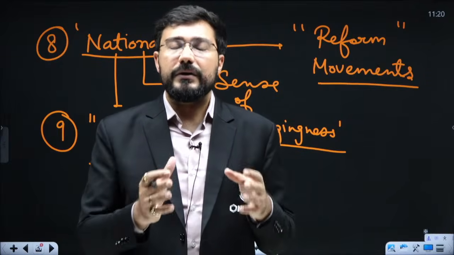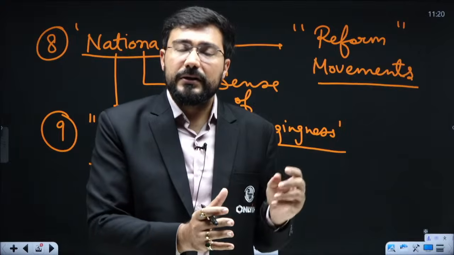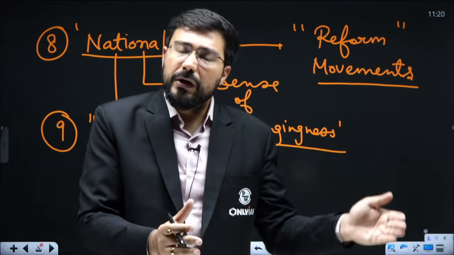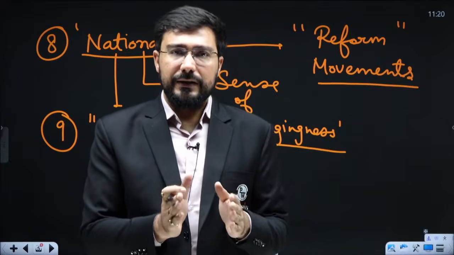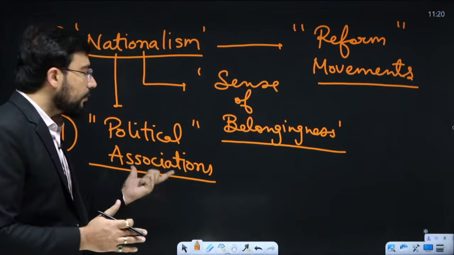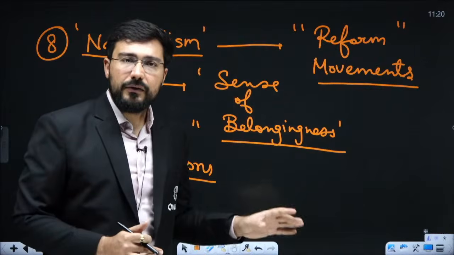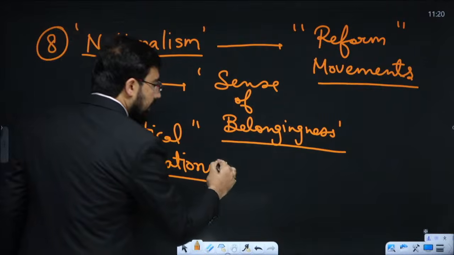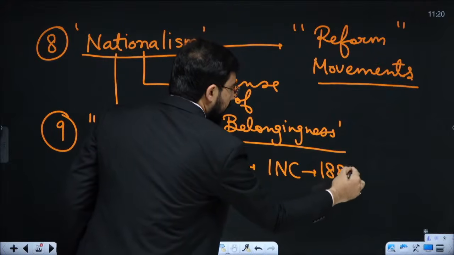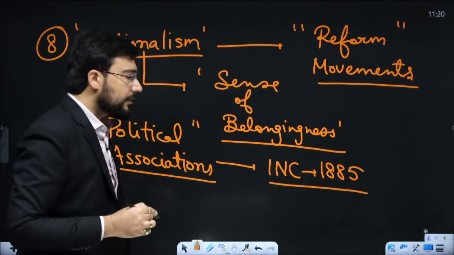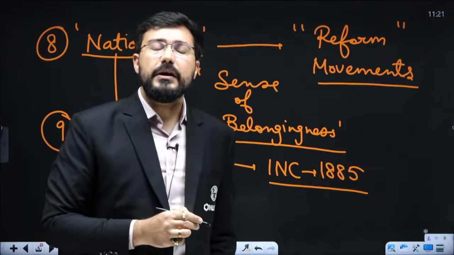In India, we see the beginning of political associations from the 1830s itself in the Bengal region, but they were not very effective. By the 1870s, we saw the rise of very strong political associations, and finally it culminated in the creation of the Indian National Congress in 1885.